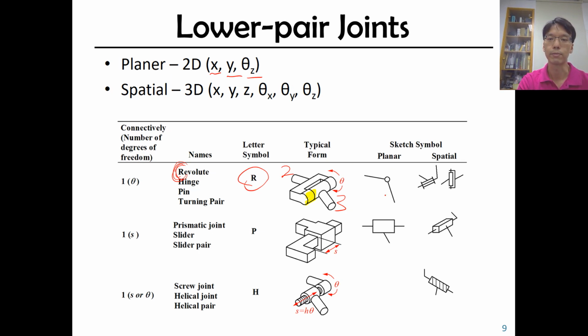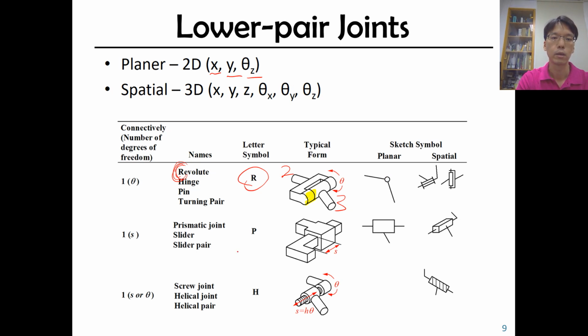In the planar representation, we use a small circle to represent the revolute joint. So there's a link here, and this joint connects these two links.